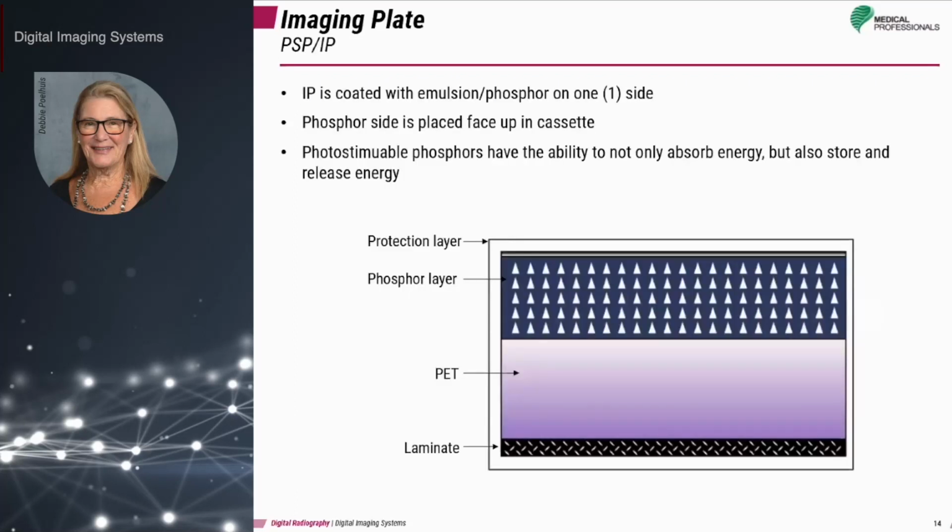So the imaging plate. The imaging plate is coated with emulsion on one side. Therefore, the plate has to be loaded in the holder or cassette facing up. Phosphors that are used in CR imaging plates are referred to as photostimulable storage phosphors.